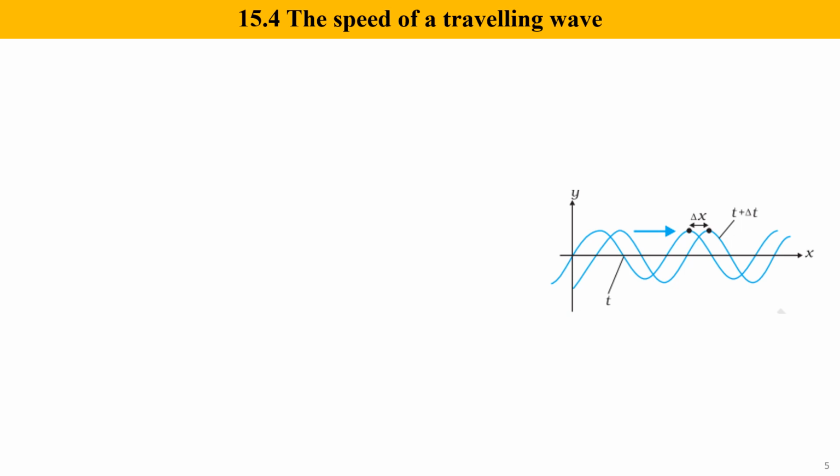Please remember that though the figure shows two waves, it is only the plot of one wave at different instants. For example, this dot represents the wave at a time t. After a time delta t, it moves to the second position, that is t plus delta t, shown as another curve for our convenience. This plot has the direction of motion, x, and amplitude on the y-axis.